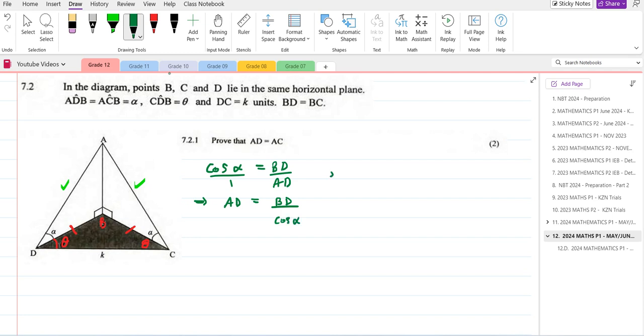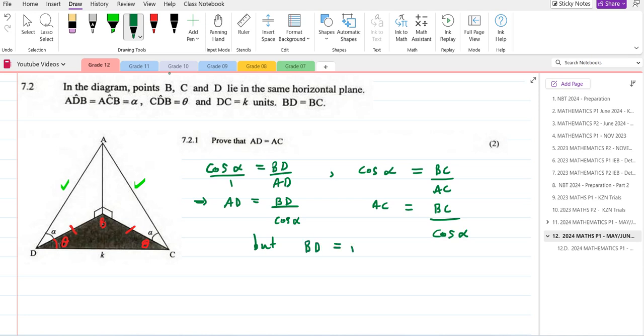And the next one we can say cos alpha here as well is equal to BC over AC. Right, so I'm going to switch position as well. So AC is now equal to BC over cos alpha. But we know that BD equals BC.